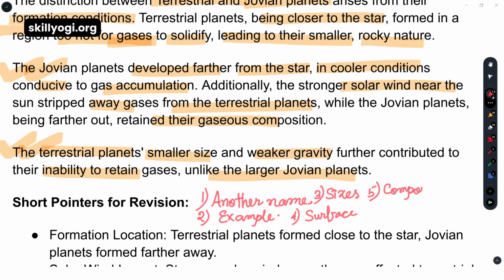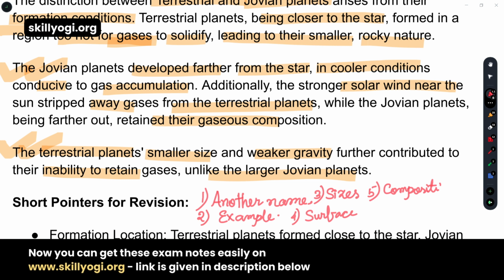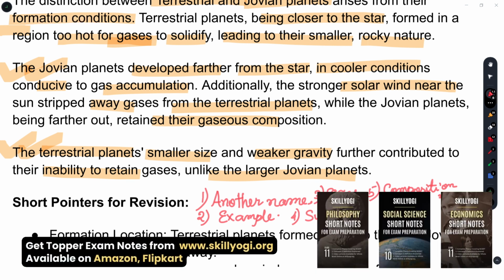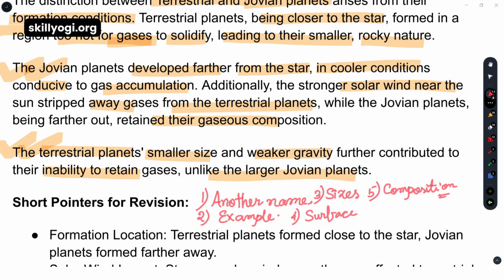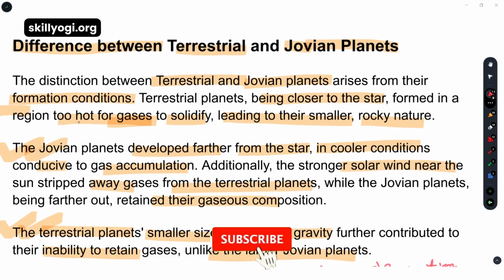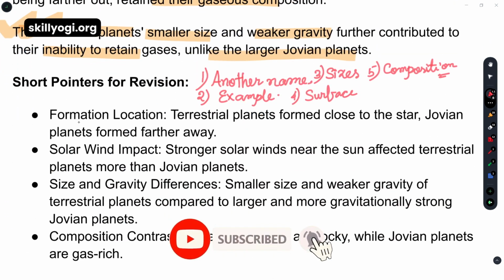Maybe in your book there are other differences, but I am writing some of the basic differences here. The terrestrial planet consists of nitrogen and carbon dioxide, but the gas giant planets contain only gas because they are mostly made up of gases. So in total we have done 5 points of difference between terrestrial and Jovian planets.